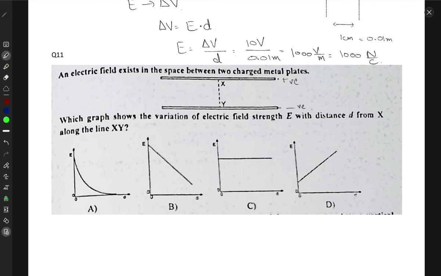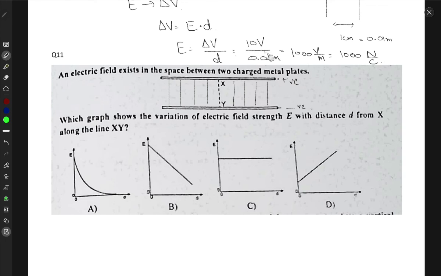Alright, so what do we know about electric field or electric field strength? These lines that you have between the plates are telling you about the electric field strength, right? So the closer these lines are, the more the electric field strength is.